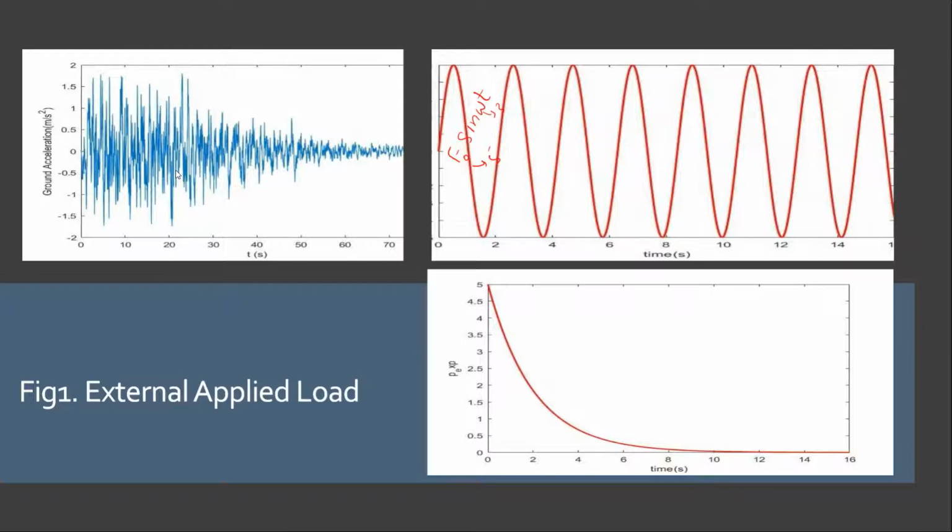The other forcing function we assumed was P naught times the exponential of minus t. These can be solved analytically very easily, because they are very nice, well distributed functions.